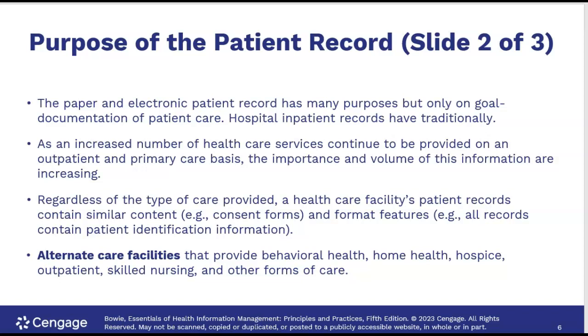The purpose, also slide 2, the paper and electronic patient record has many purposes, but keep in mind only one goal: documentation of patient care. Hospital and patient records have traditionally been the focus. An increased number of healthcare services continue to be provided on an outpatient and primary care basis, so the importance and volume of this information are increasing.